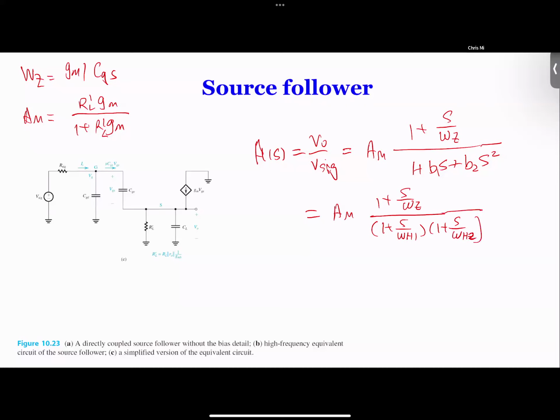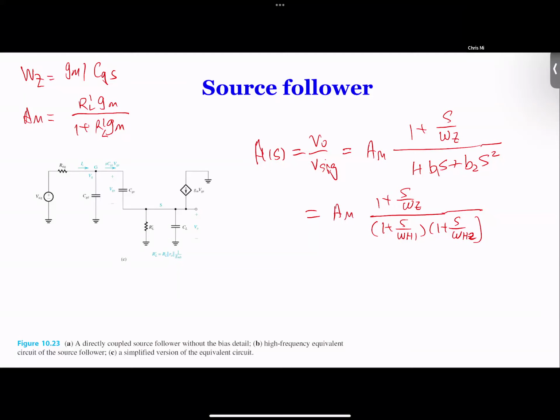When I break this down into these two, omega H1 and omega H2 can be real numbers, or they can be the same, or they can be complex, depending on B1 and B2.